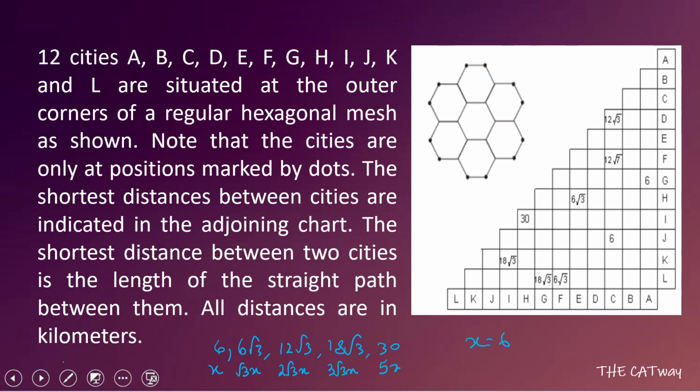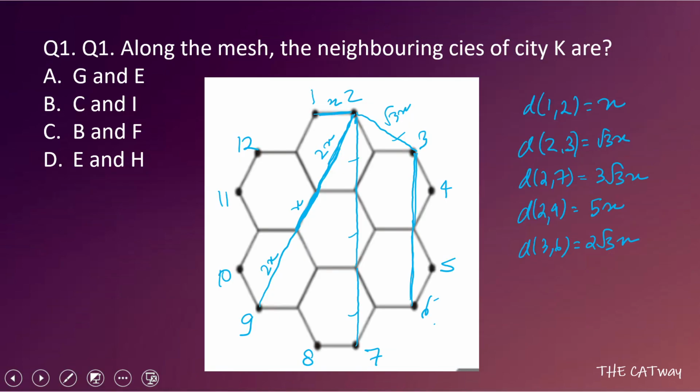So from this we know that the distance between 1 and 2 is 6, root 3x is 6 root 3, 3 root 3x is 18 root 3, 5x is 30 and 2 root 3x is 12 root 3. Okay, now let's mark the places. Let's delete these all. I hope you have understood this.